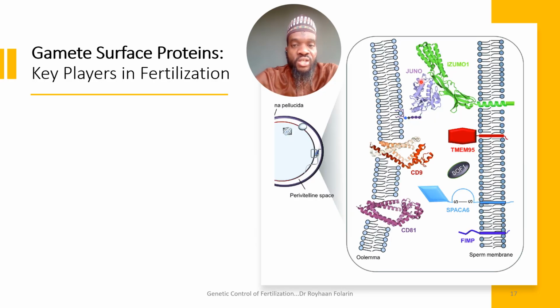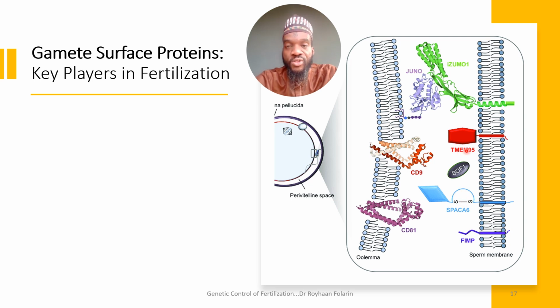I just thought to also emphasize that specific proteins on the surface of the sperm and egg help to mediate crucial interactions that are necessary for successful fertilization. These interactions help to ensure recognition and binding of compatible gametes. We talked about the genes that code for these proteins, and these are specially acknowledged.